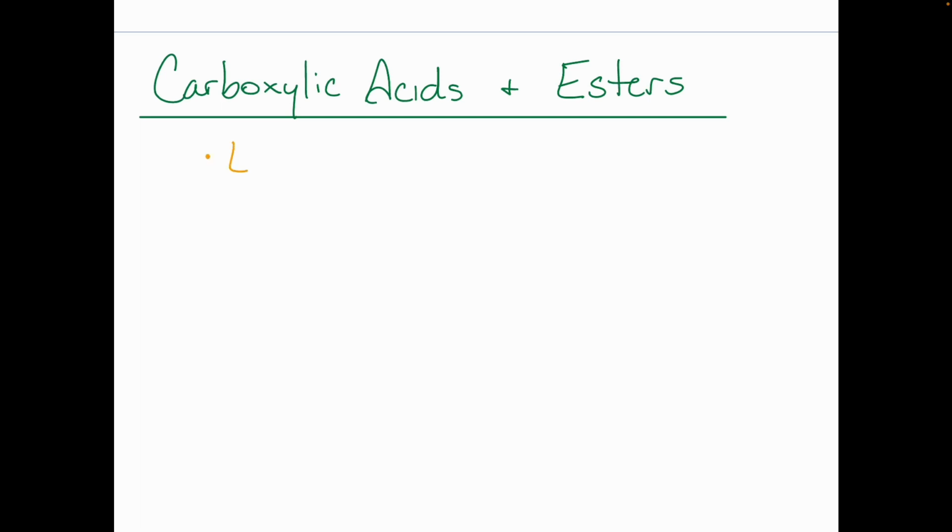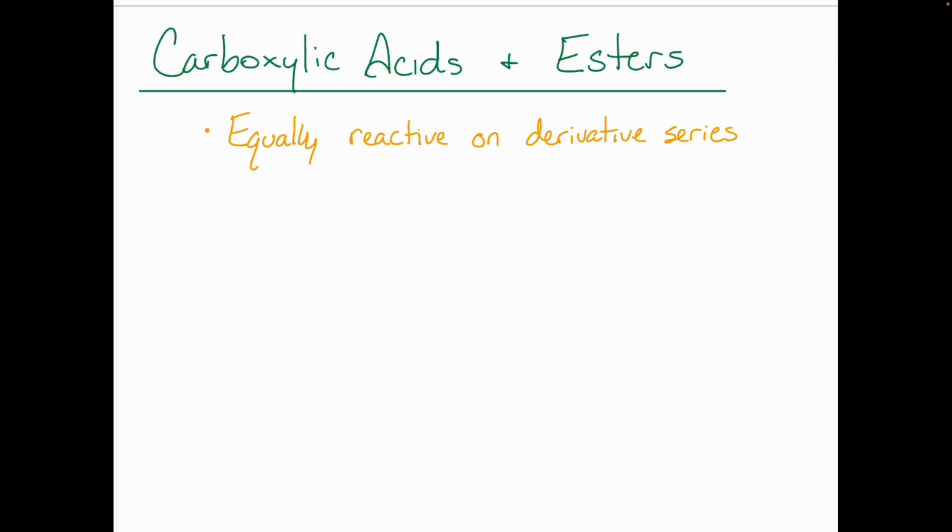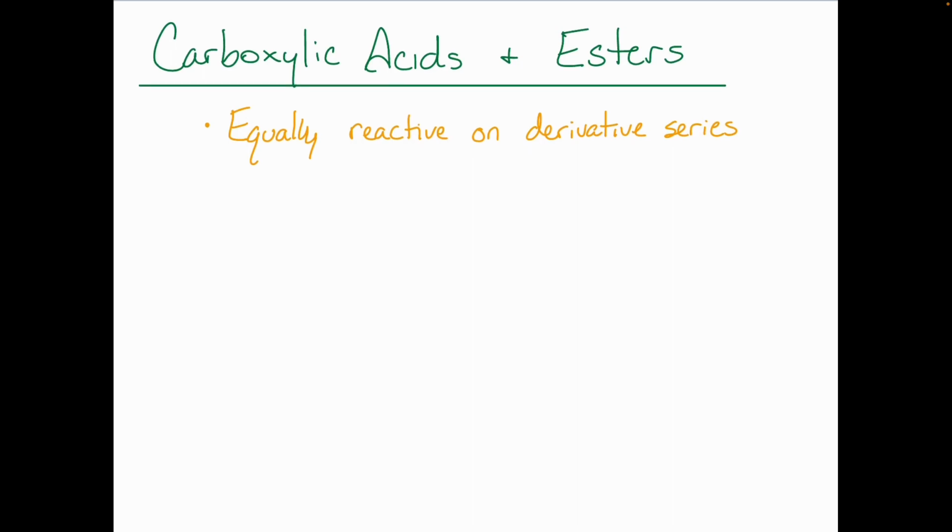Okay, so again, we classify these as being equally reactive on that carboxylic acid derivative series. Okay? So carboxylic acids and esters can be converted using the following reactions.